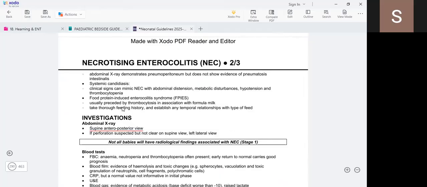What investigations will you do? X-ray of the abdomen: the finding is pneumatosis intestinalis. What are the findings of necrotizing enterocolitis on X-ray? Extra finding: pneumatosis intestinalis.